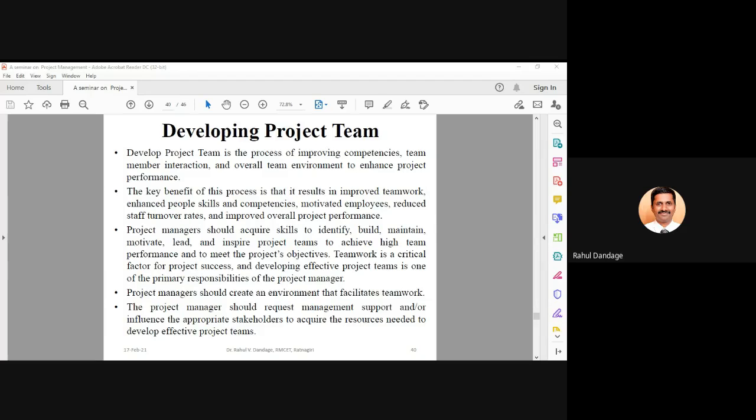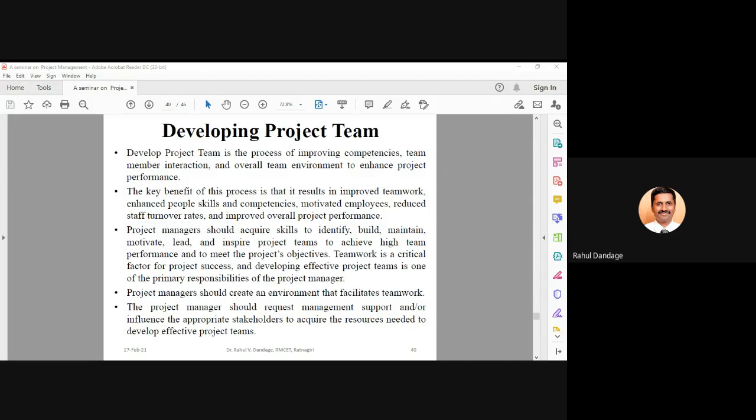The competencies of your team members, they will get flourished, they will get sharpened. Motivated employees, that is another benefit what you are getting through this development of project team. So there will be some motivation among your employees. The people will be motivated to do certain tasks in professional manner.